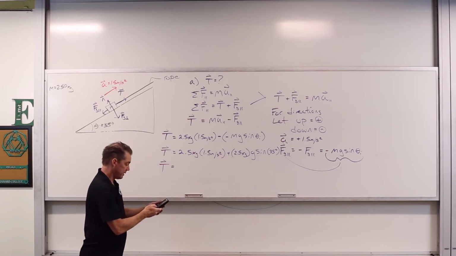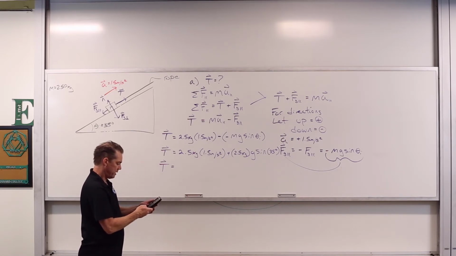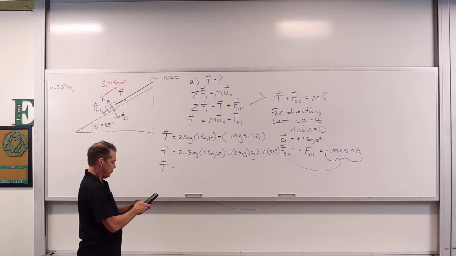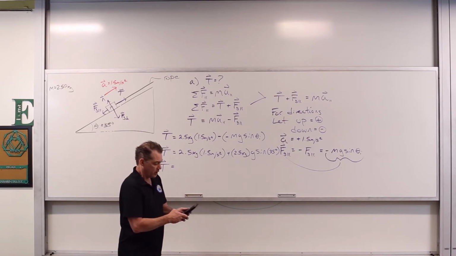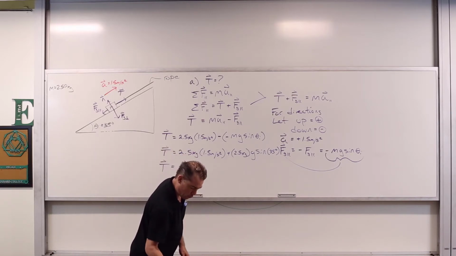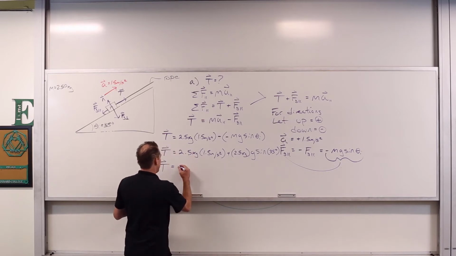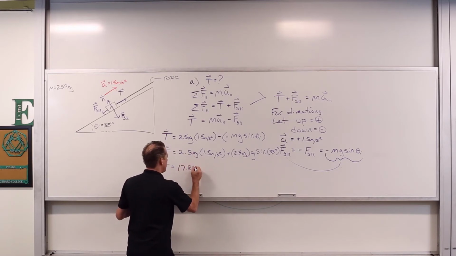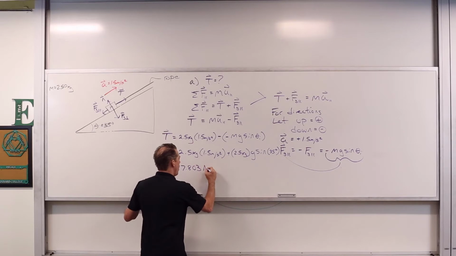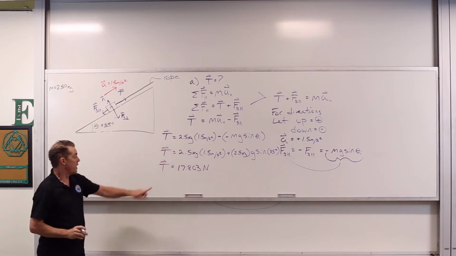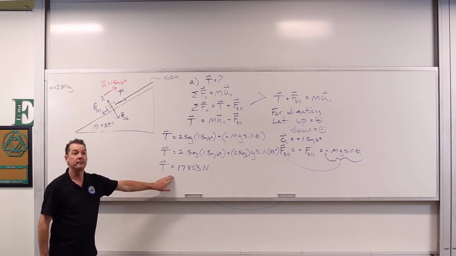We got 2.5 times 1.5 plus 2.5 times 9.8 times the sine of 35. We got ourselves 17.803 newtons. This came out to be positive.